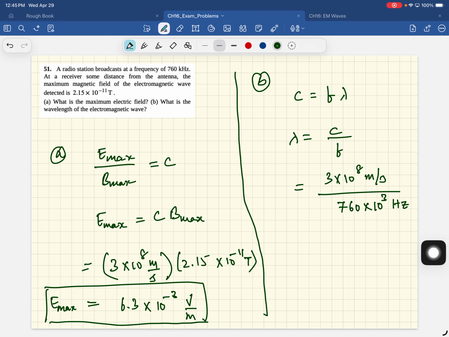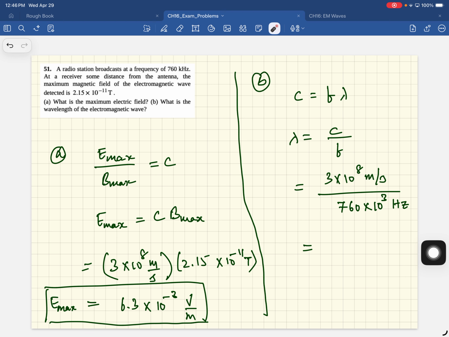And this wavelength works out to 3 times 10 to the 5, and so this works out to 394.7 meters.